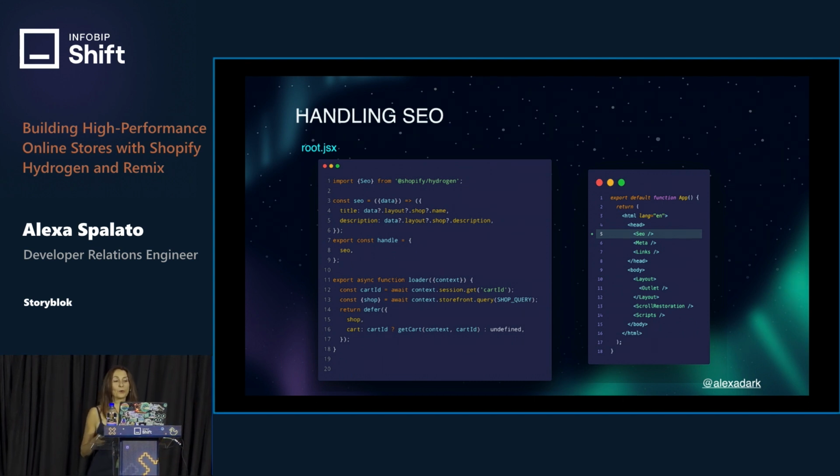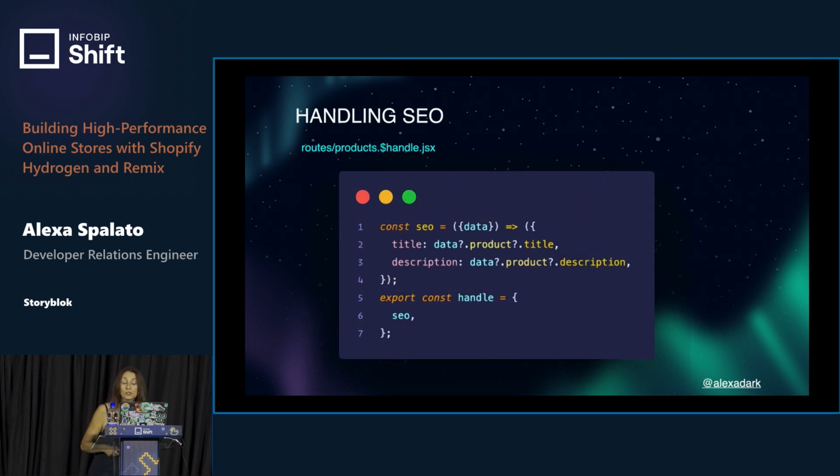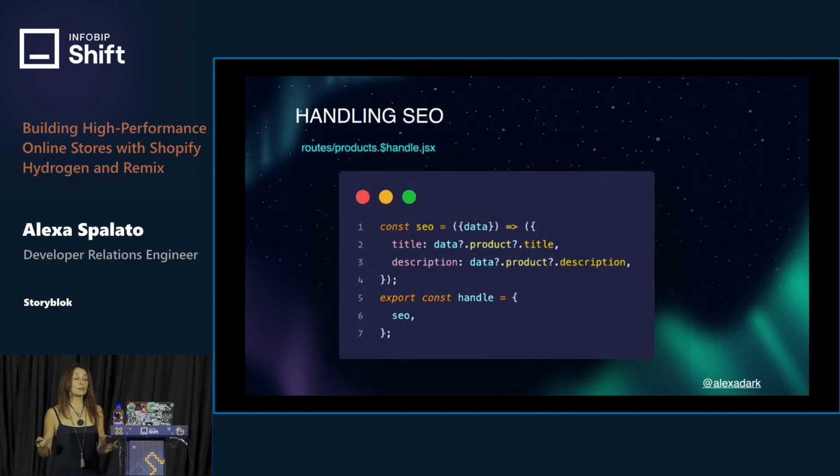Here we have defined the title with the shop name and the description with the shop description. Then we place this SEO component in the head in our root file, which is the parent of all the routes. And in the other routes, like for example here, the product handle, we can overwrite it.